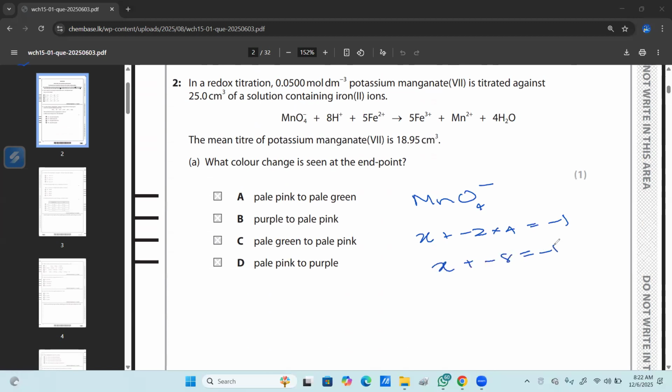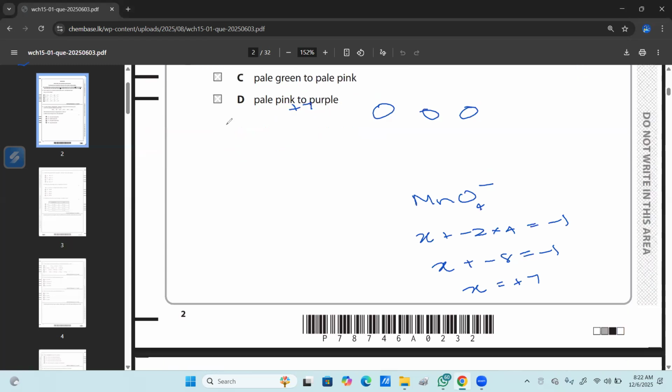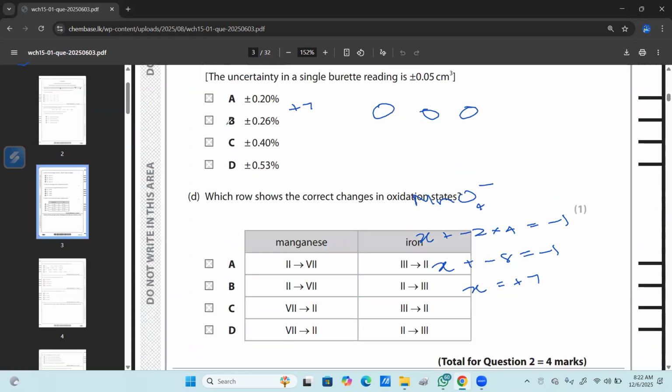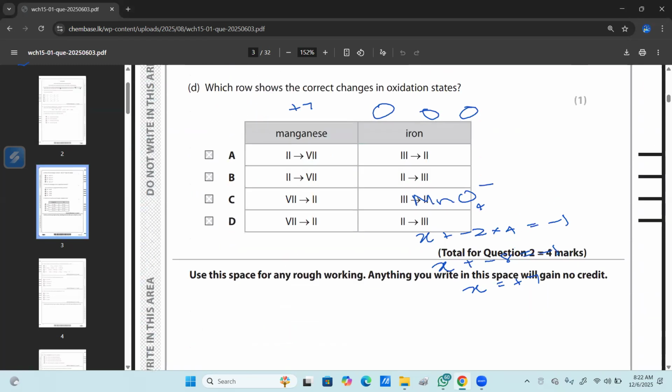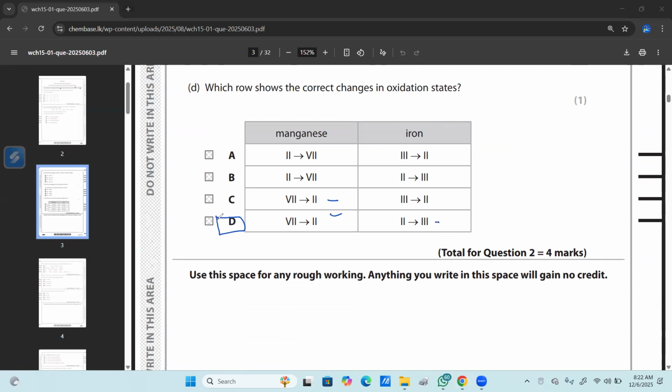So X is plus 7. Plus 7 becomes plus 2 for manganese. For iron, it's 2 plus becoming 3 plus. So it's very easy. For manganese, 7 to 2, and iron, 2 to 3. The correct answer is D.